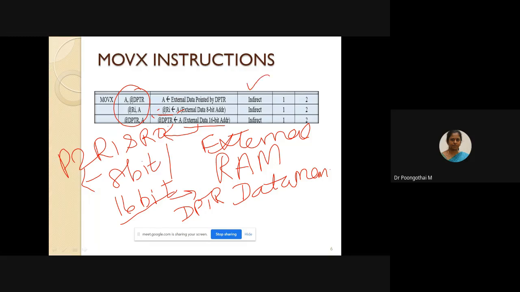So it is indirect addressing, a 1-byte instruction, and 2 machine cycles are required. These instructions transfer data between accumulator and external memory. They only work with the accumulator, so the accumulator can be either the source register or the destination register.